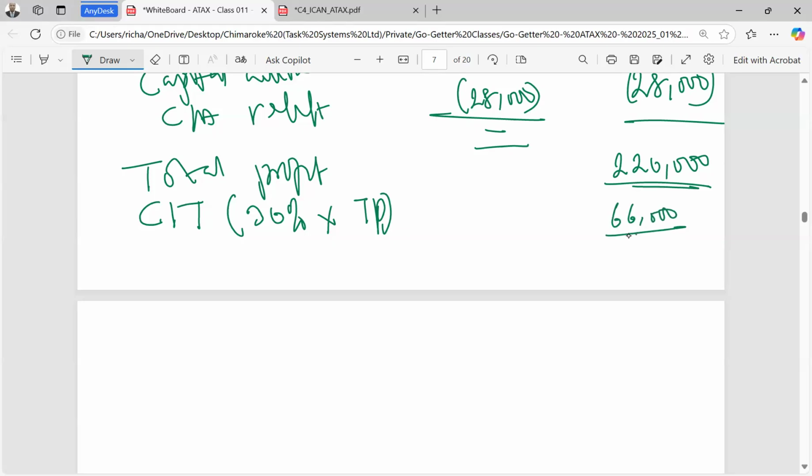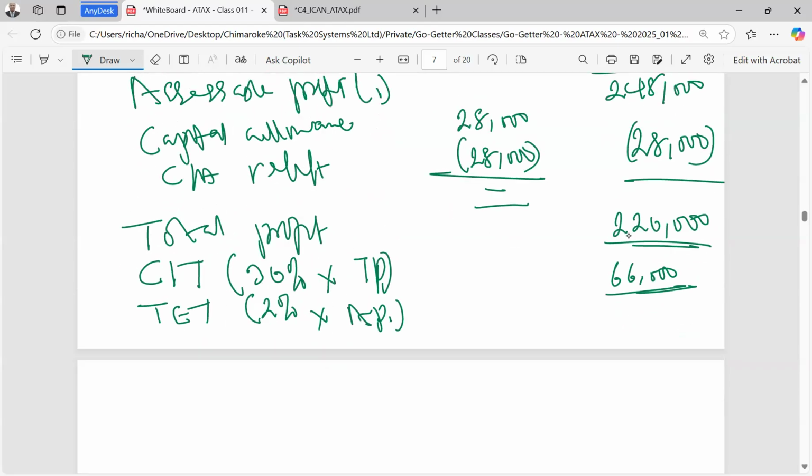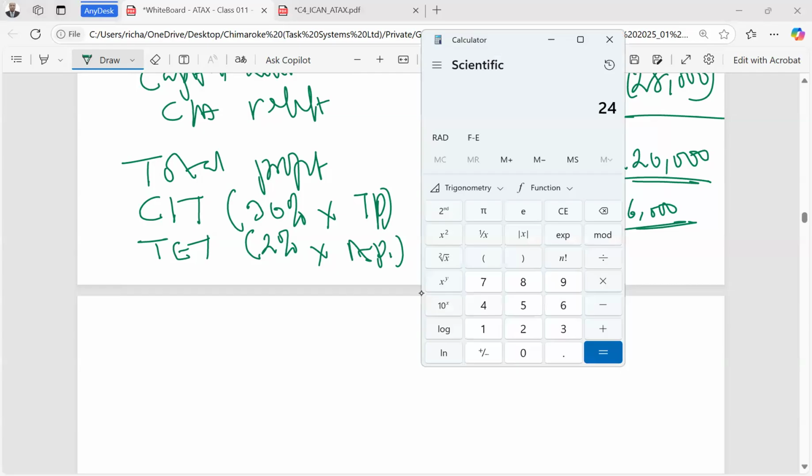So this is going to be 66,000. Then your tertiary education tax is going to be 2% of accessible profit 1. Of course, we have only one accessible profit, which we got to be 248. So you check 248,000 multiplied by 0.02, which is 2%.